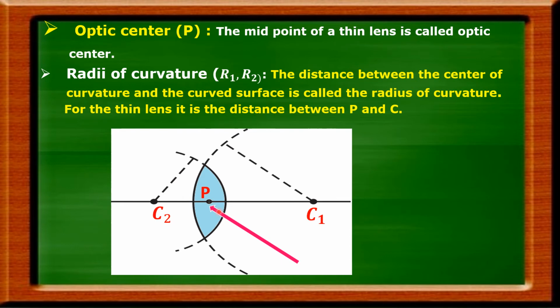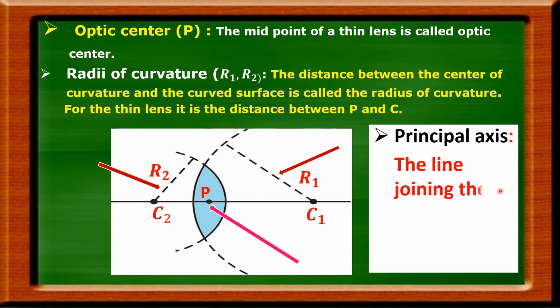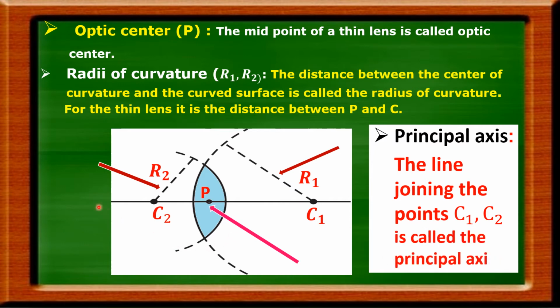Okay. Next, what is the principal axis? You see here. Before that, R1 and R2 are the radii of curvature. Then what is the principal axis? The line joining the points C1, C2 is called the principal axis. See here.